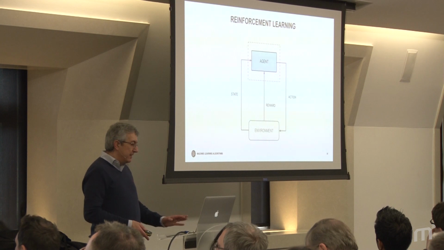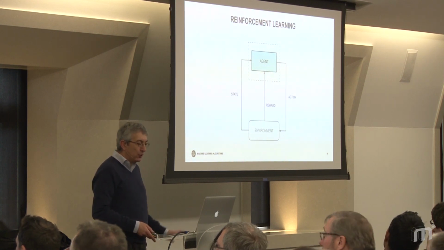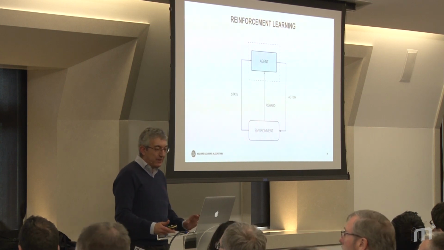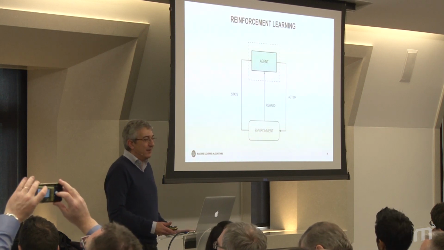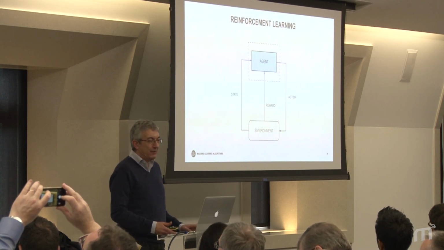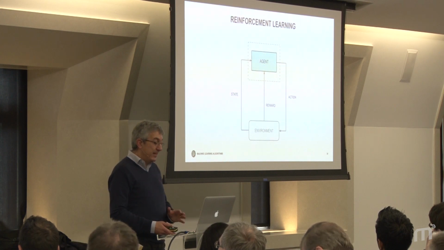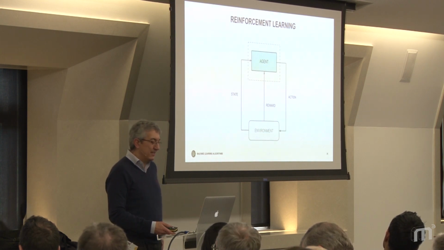So after having seen different types of neural networks, just to conclude, I thought it was relevant to briefly mention reinforcement learning. It's one of the most popular recent developments of machine learning, and broadly speaking, it's very different in concept from both unsupervised and supervised learning.